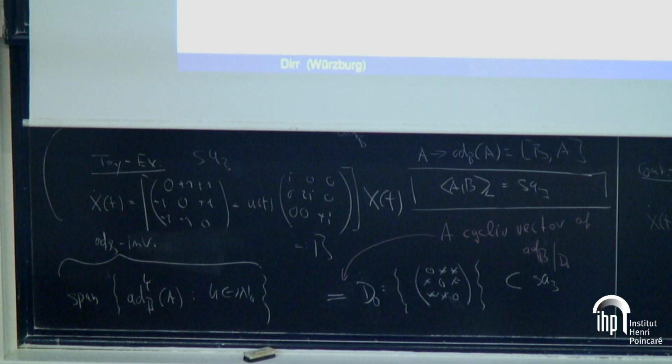So now the whole idea of what I want to present in the remaining part is that the conditions I have written down here do guarantee that this is again a cyclic vector, the ad operator with respect to H1.